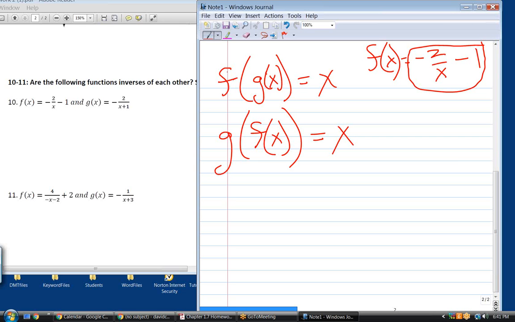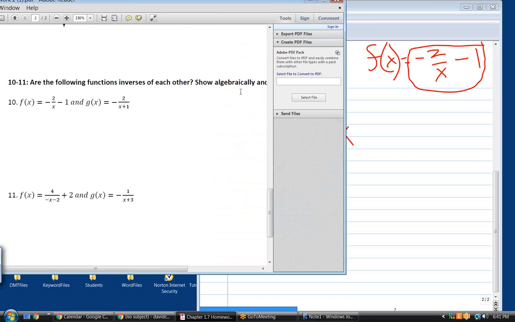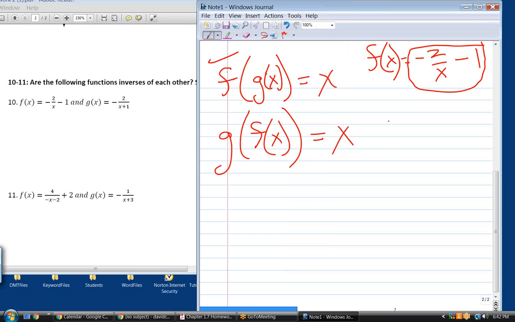So I've always been relatively satisfied with just proving one of them. In other words, once that comes out to be x, then it's okay for me to say yes, one is the inverse of the other. Possible, I don't know your teacher, but it's possible your teacher may want you to do both. In other words, you'd have to show that g of f of x is also equal to x. Okay? But as long as you can do it, and if you can do one, you can pretty much do all of them. Let's test number 11.